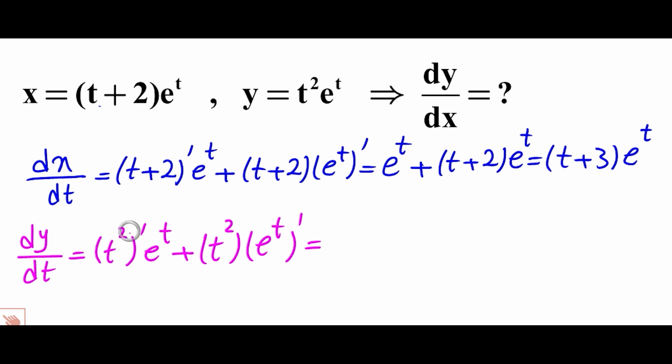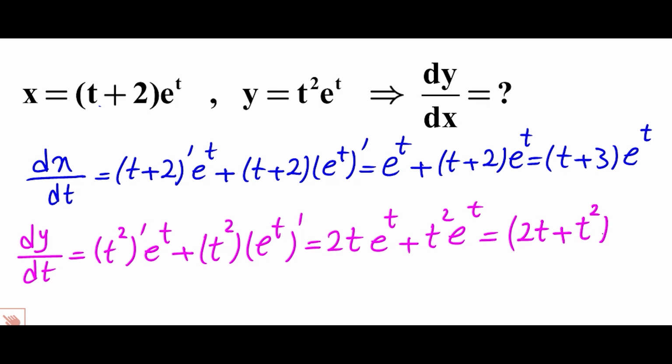The derivative of t squared with respect to t is 2t, times e to the t, plus t squared times the derivative of e to the t with respect to t, which is e to the t. So we have (2t plus t squared) times e to the t.